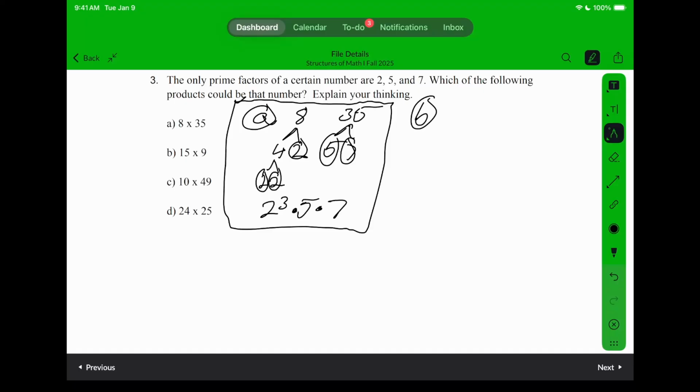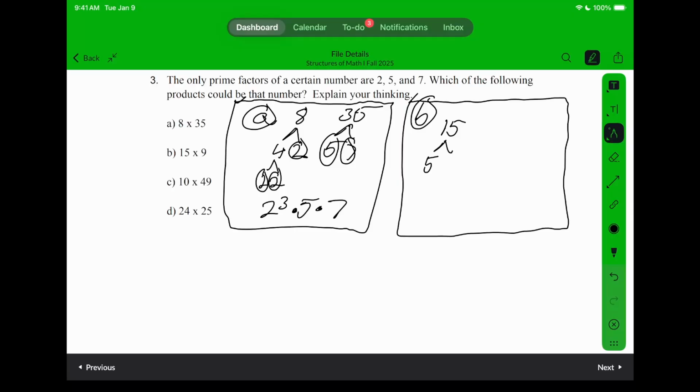Take a quick look at B. We have 15, which can be 5 and 3, and then 9, which is 3 and 3. So we have 3 cubed times 5. I don't see a 2. I don't see a 7. I see a 3 also, so uh-oh.